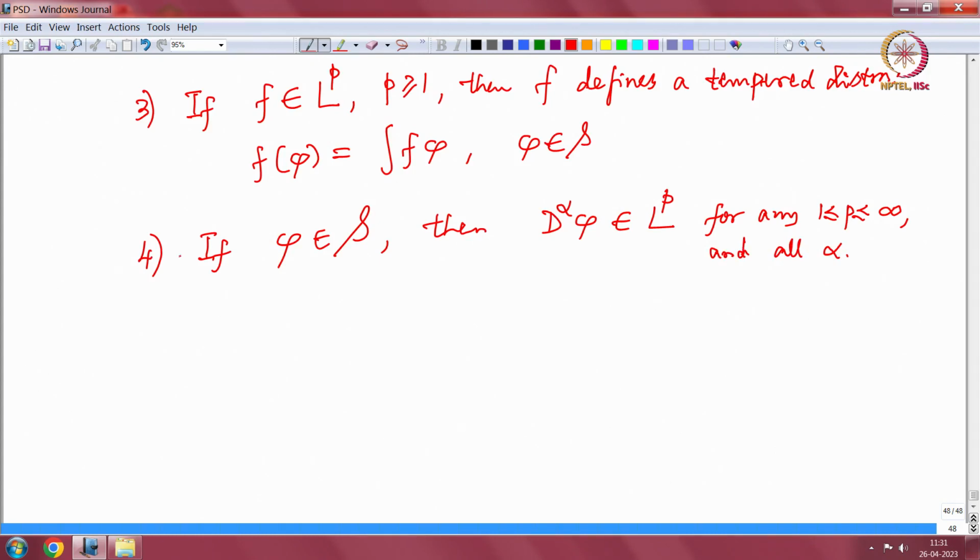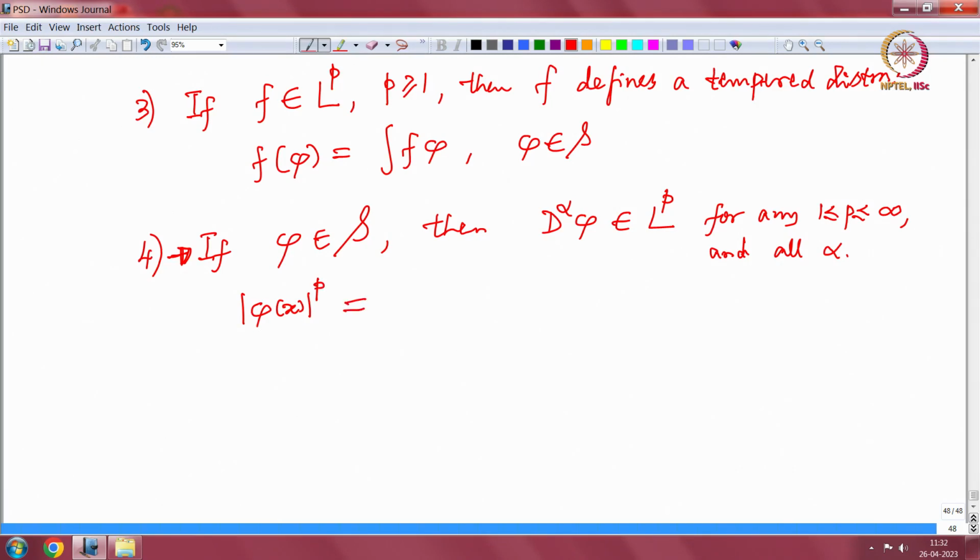This is an important thing we use all the time. Let me just do it for alpha equal to 0, that means just the function phi. We want to show that the integral of phi of x to the p over Rn is finite.